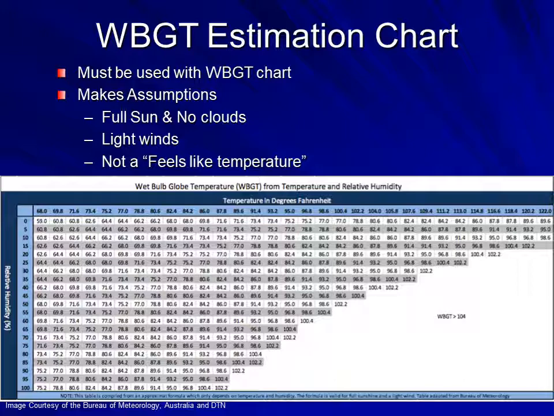It should be noted that this chart assumes full sunshine, no clouds, and light winds when calculating the wet bulb globe temperature. This estimation is not as accurate as measuring the wet bulb globe temperature at the location of the activity, but it is better than nothing. This chart must be used in conjunction with the wet bulb globe temperature recommendation chart previously shown to make heat safety plan decisions.